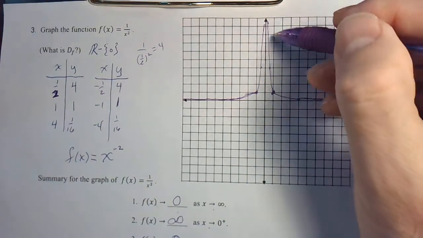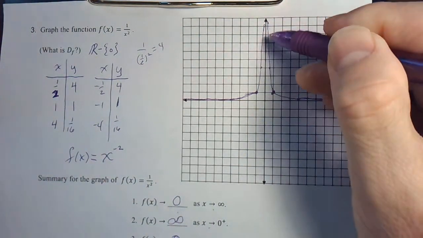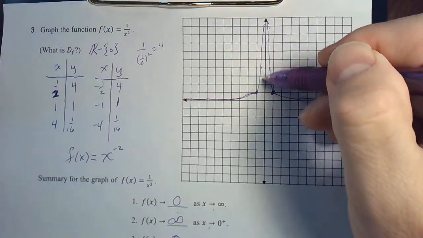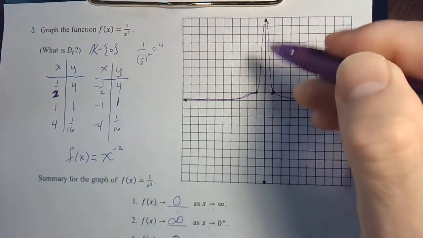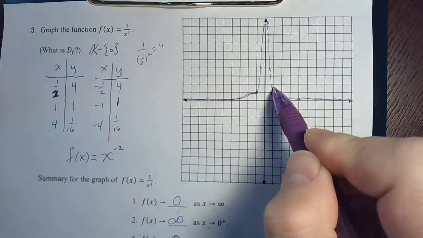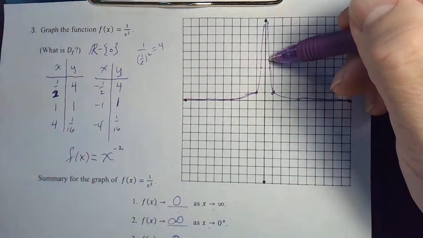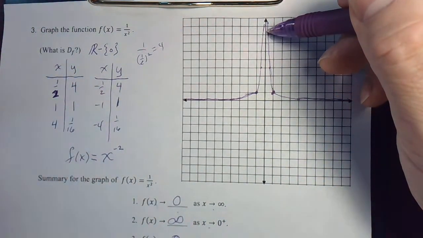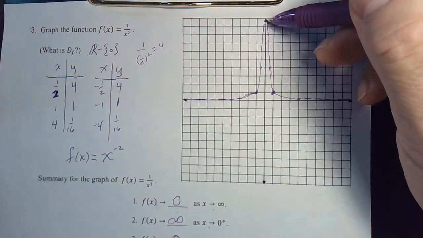Well, sure. This vertical line, which is the y-axis, the vertical line x equals 0, is a vertical asymptote. As x gets close to 0, the graph gets closer and closer to the y-axis without ever touching it.